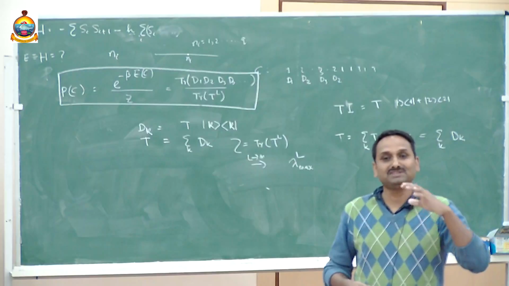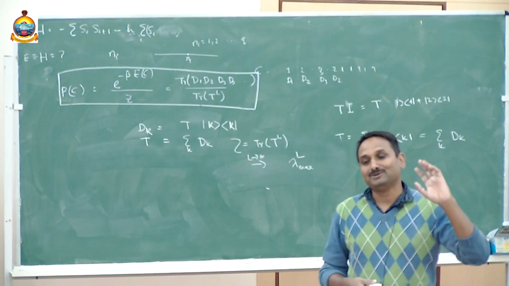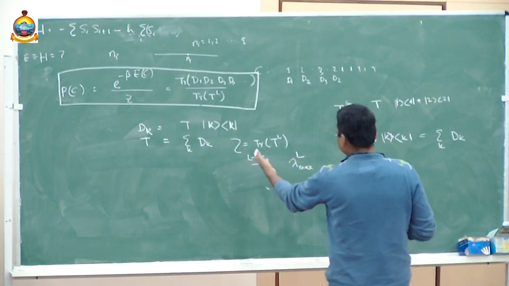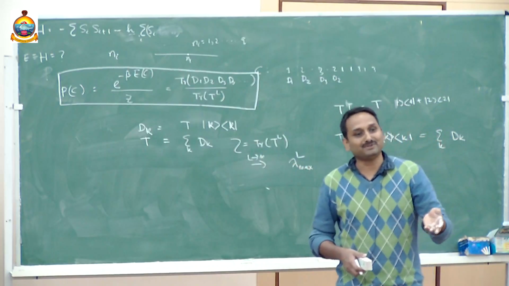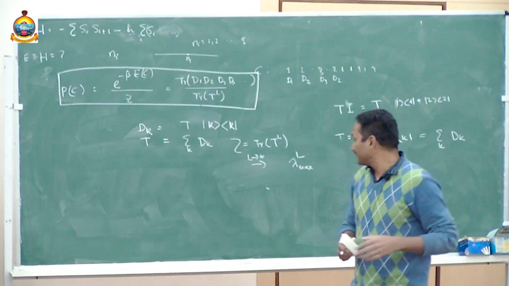Whatever quantities can be obtained by differentiating only the partition function relate only to the largest eigenvalue of the transfer matrix. That's all.